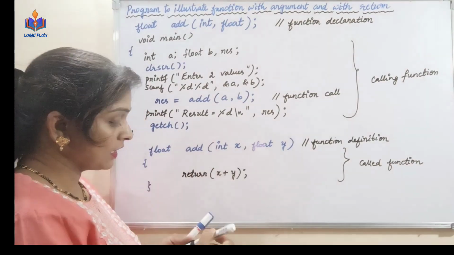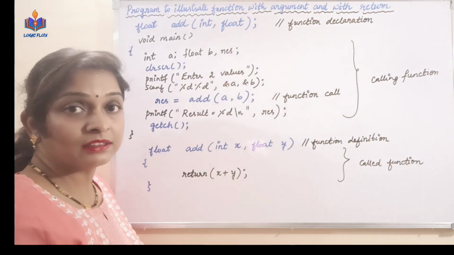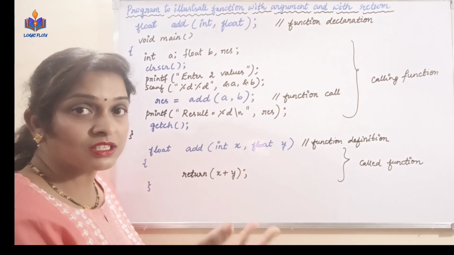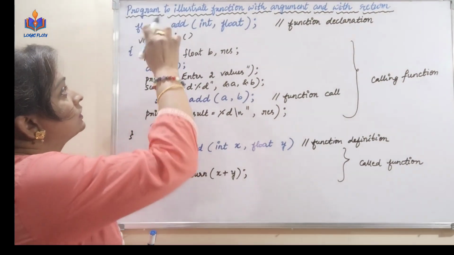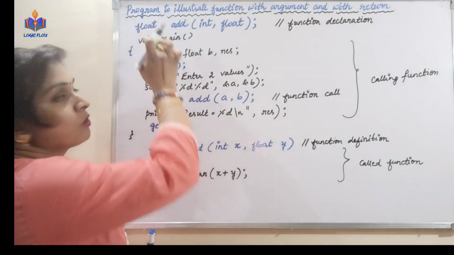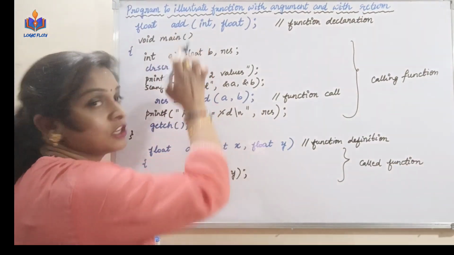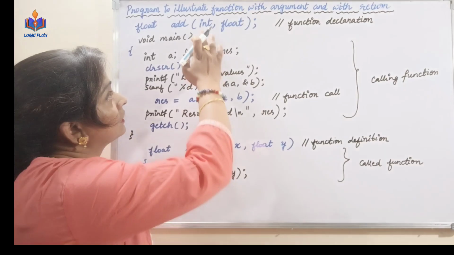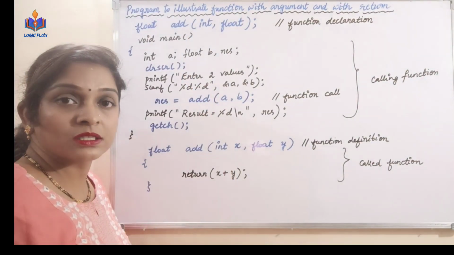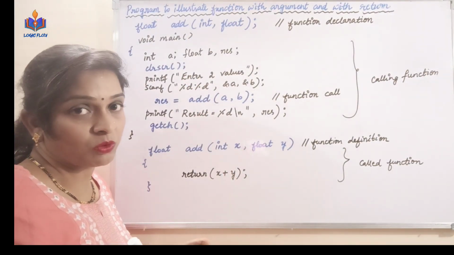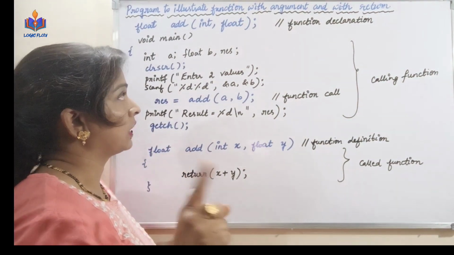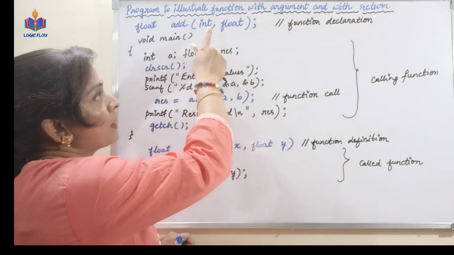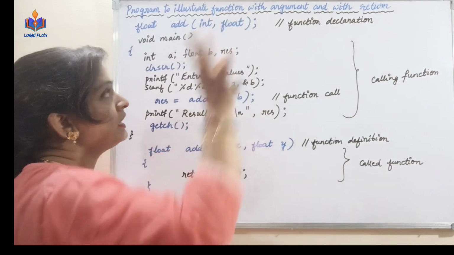In the declaration part, we declare the name of the function followed by its arguments list and return type. Here the return type of the function is float and the function name is add. It is taking 2 arguments, one integer and the other float. Remember one thing: we have not mentioned the variable names.